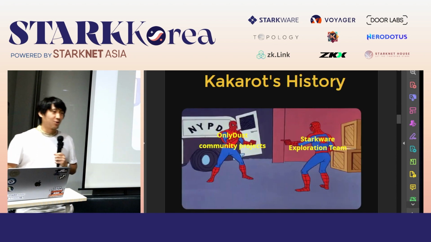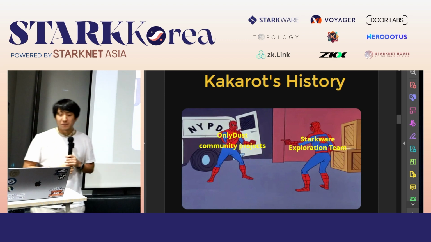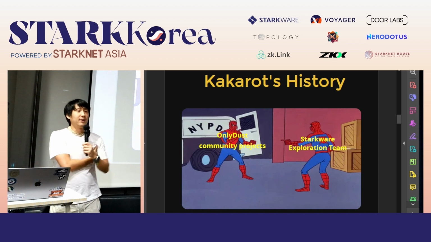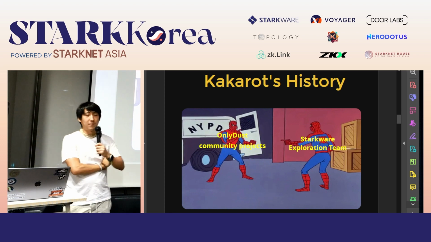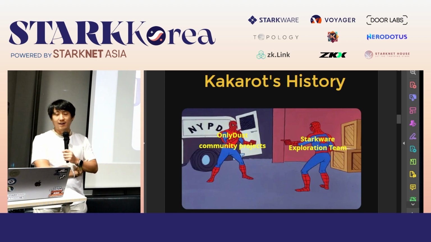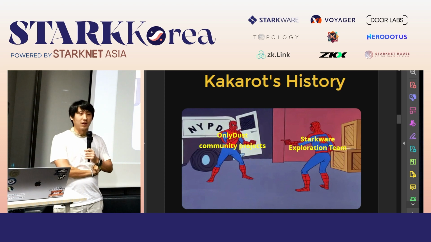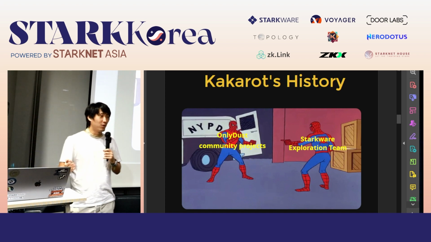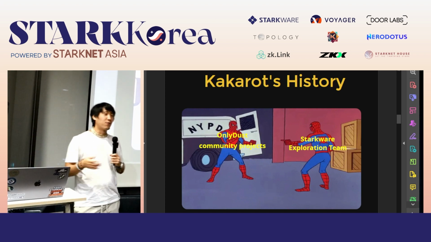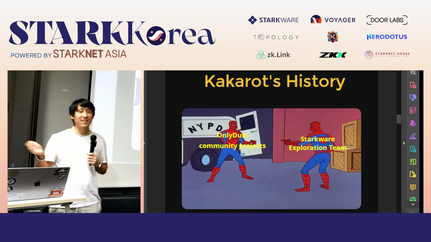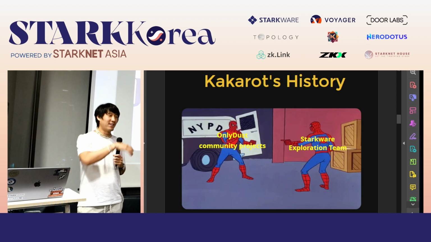A little bit about Kakarot's story. We started as a fully open source project. The idea itself was shared by Shahar, one of the co-creators of Cairo. Last year, in July, he said it would be possible for someone to write a ZK EVM in Cairo. There's the tweet.